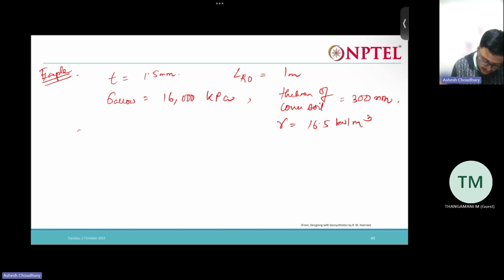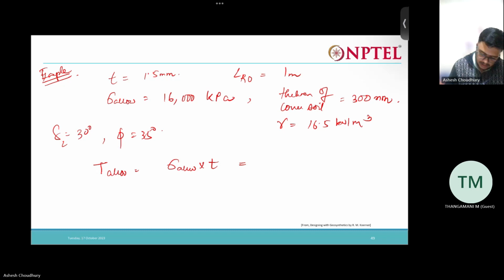Other properties are same. This 30 degrees is also same, the friction angle of the soil to the geomembrane. And phi of the soil is 35 degrees. That is 30 degrees. So T allow again will be sigma allow into thickness.